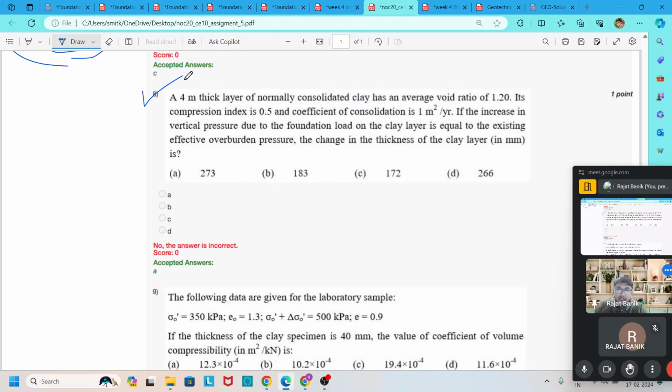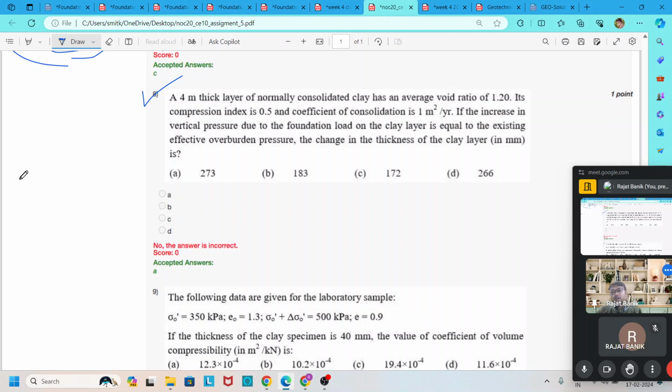Its compression index is given 0.5. Coefficient of consolidation is given 1 meter square per year. If the increase in vertical pressure due to the foundation load on the clay layer is equal to the existing effective overburden pressure, the change in the thickness of the clay layer in mm, we have to find out. So it is regarding the consolidation settlement.